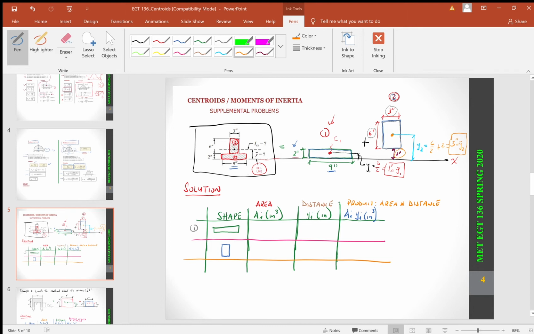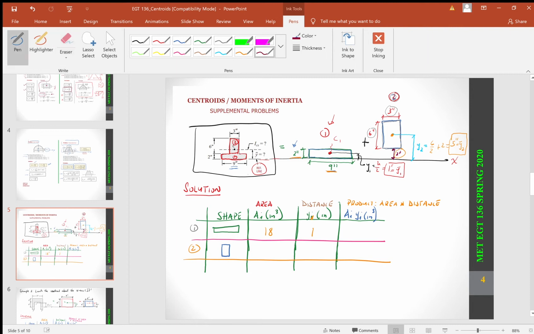Now that we have y bar 1 and y bar 2, we can just set up a table whereby for our shape 1, the area is going to be 9 by 2, which is going to be 18 inches squared, right? So this is shape 1, this is area 1. Y1 is going to be 1 inch. I don't have to put the inches here because I already put that in my table.